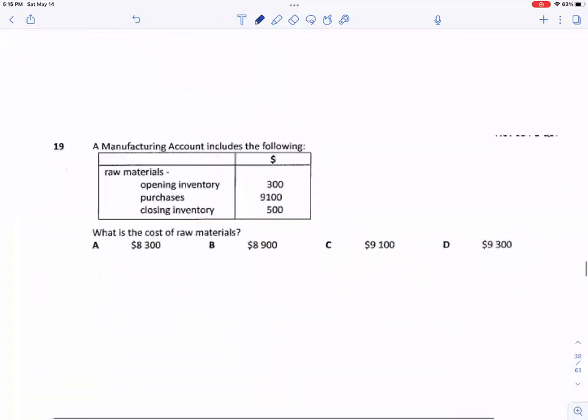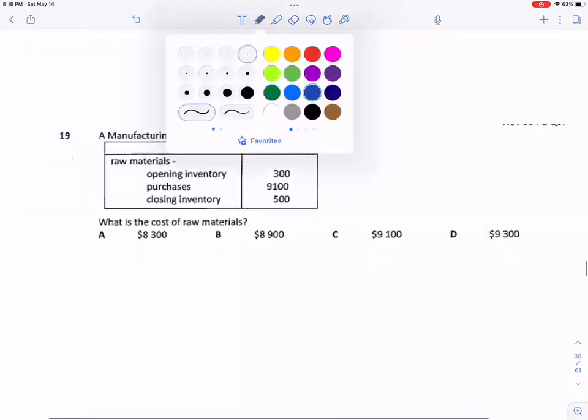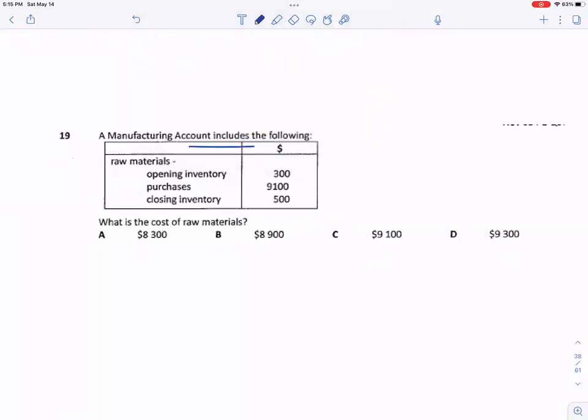Let's go to the next one. What is cost of raw material consumed? How do you find the raw material consumed? Tell me the formula first.